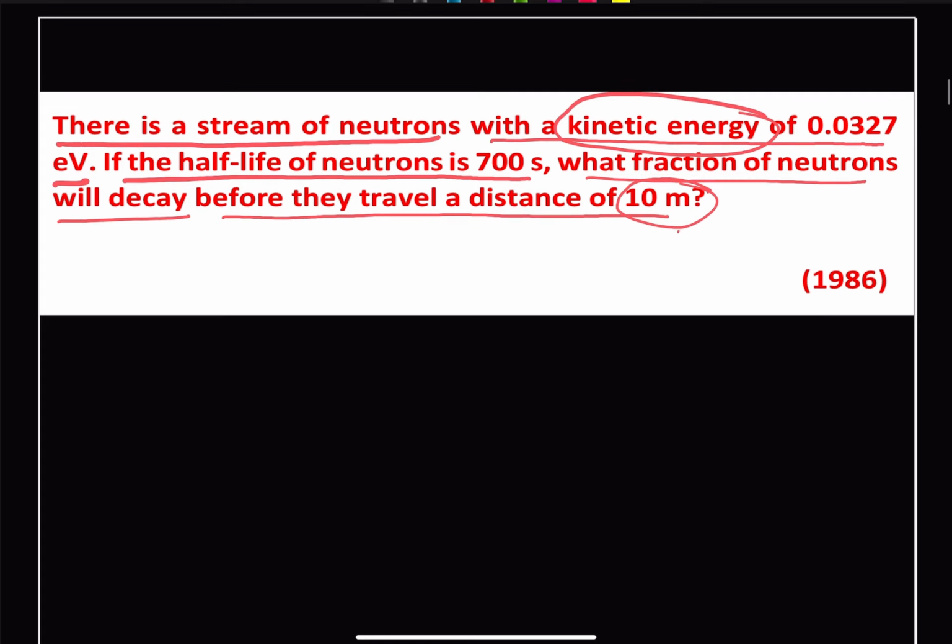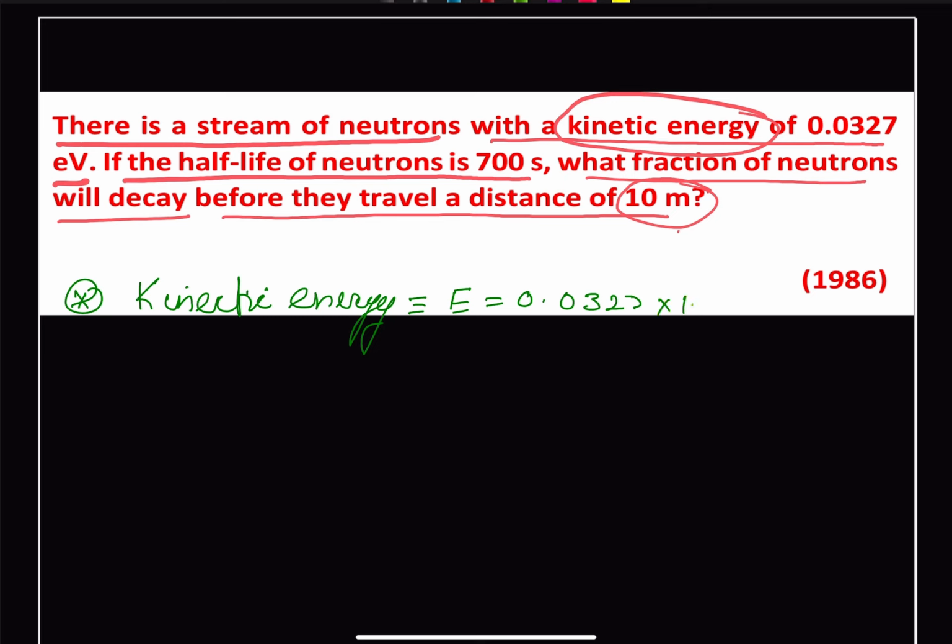So we are given that the kinetic energy, let us suppose that is denoted as E. So this E is given as 0.0327 electron volt.